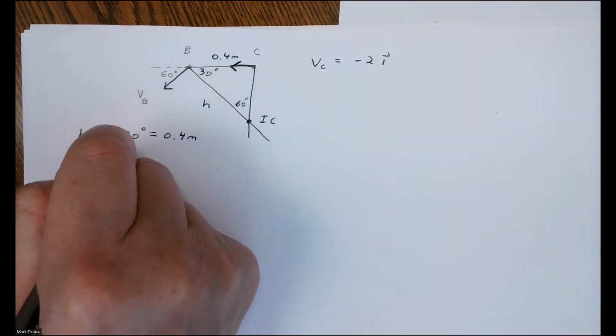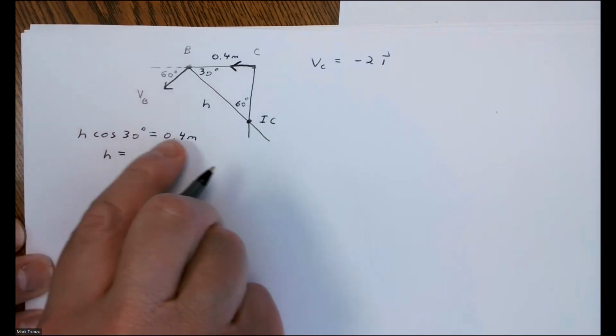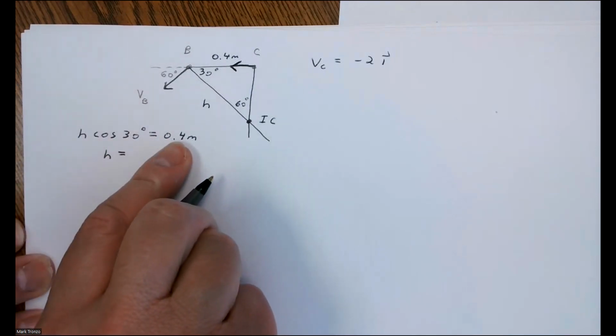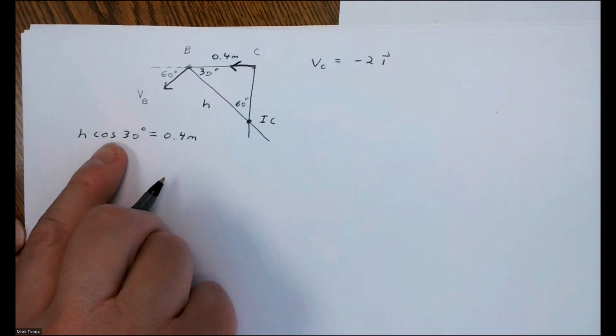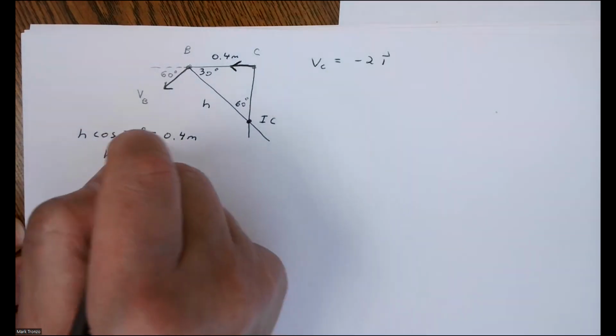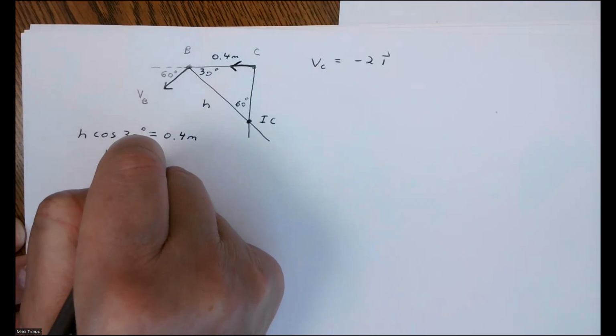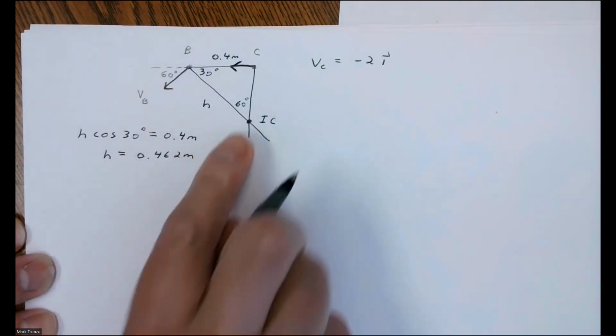So that'll give us H is equal to 0.4 divided by cos 30, which is going to be 0.462 meters. So that's H.